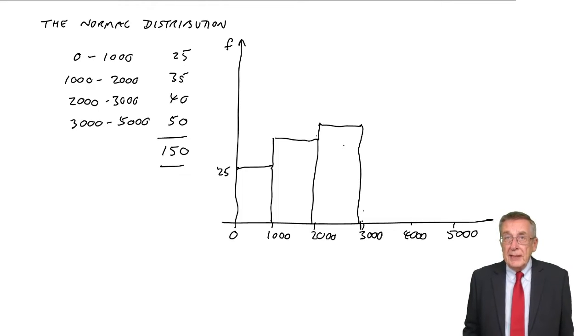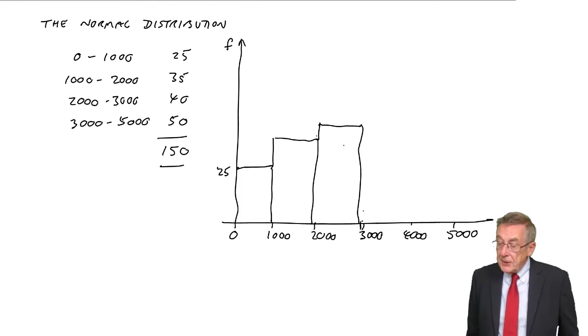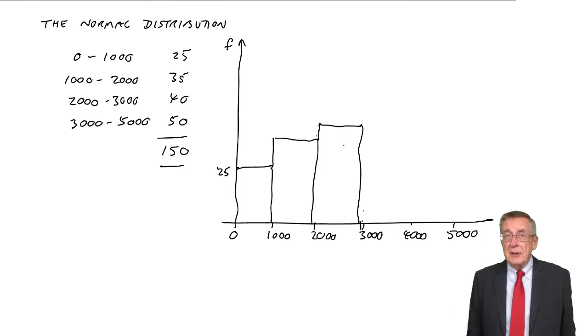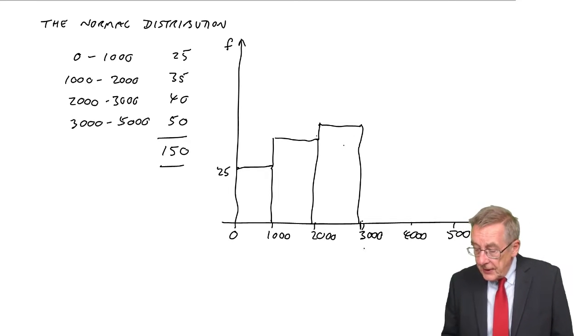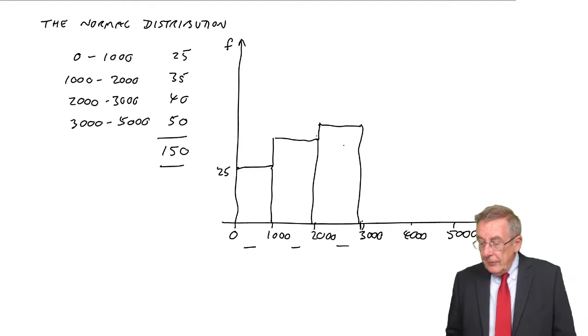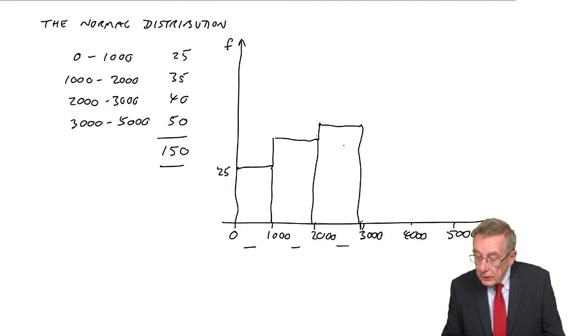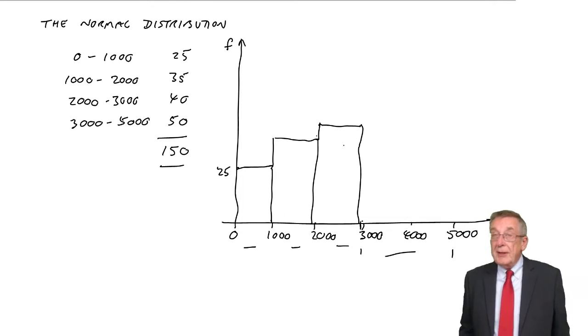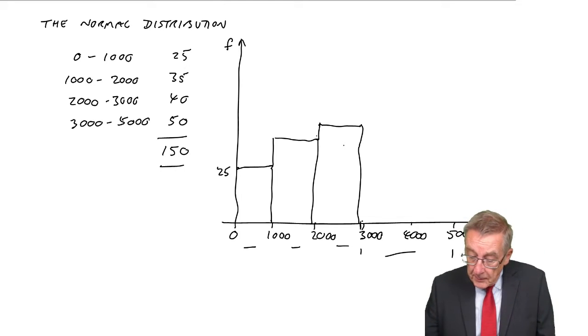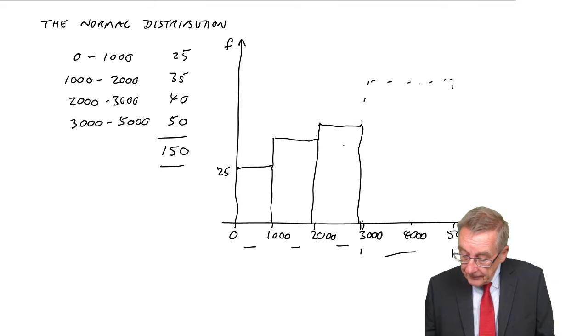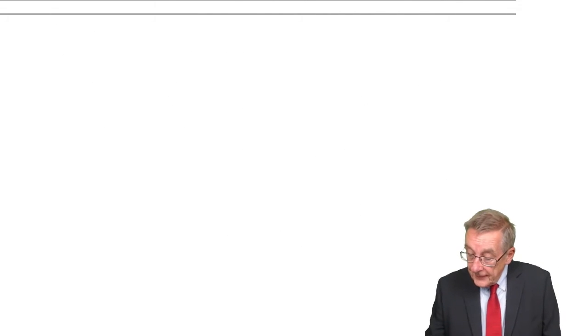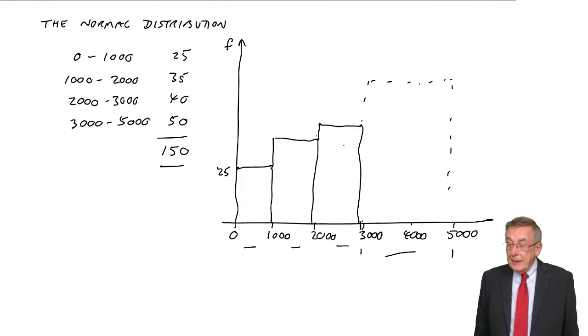Now I did make the point in the earlier lecture, and you'll see why it becomes so important in a second, that it's not the height of the bars that's proportional to the frequency, it's the area. The problem here is that the ranges were 1,000, 1,000 to 2,000, 2,000 to 3,000, but all of a sudden we've got a range 3,000 to 5,000. If I did a bar 50 units high, oh dear, it would be terribly misleading.